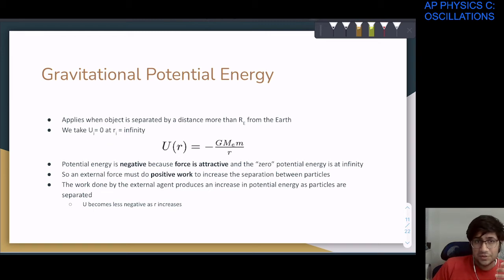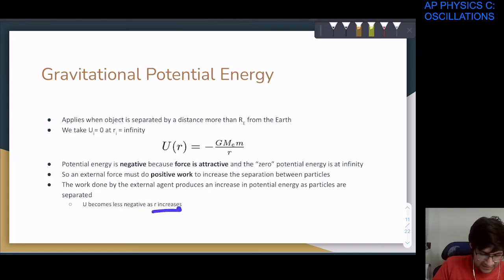And this means that the potential energy, which is given by -G m1 m2 over r, is going to be negative, right? Because the force is attractive, and it actually requires work to increase the separation of particles. So you would have to put work into the system to get an infinite separation of the two.